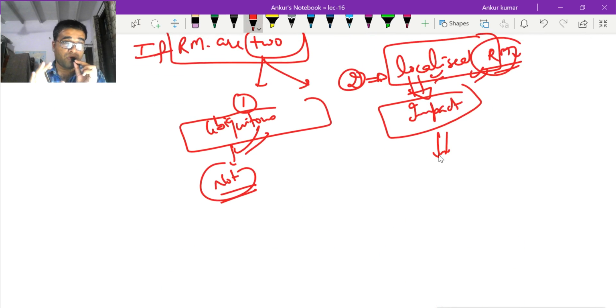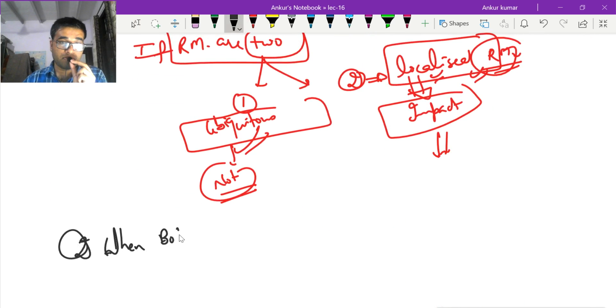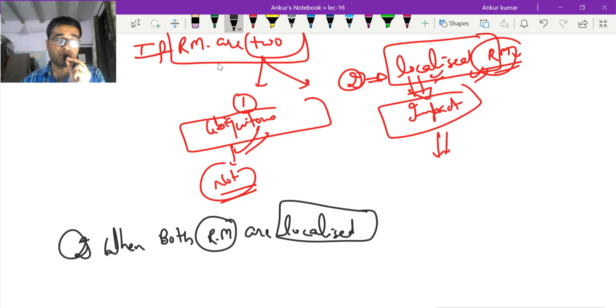So this is if raw materials are two but one is ubiquitous. Now the second case, when both raw materials are localized, this becomes a tricky case.